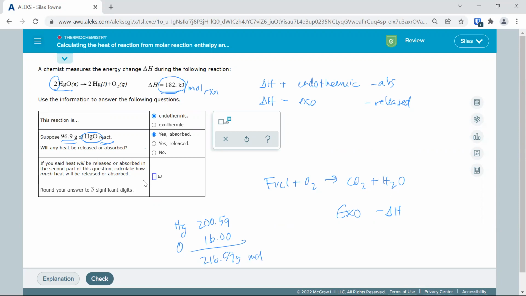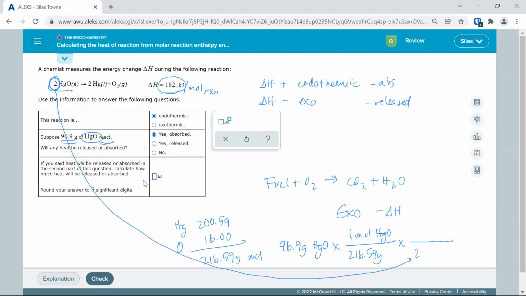So let's do this. We go 96.9 grams. Every 216.59 grams, 1 mole of mercury oxide. That's our molar mass. So this is our stoichiometric relationship. And whatever's out here, we're going to put down by it.